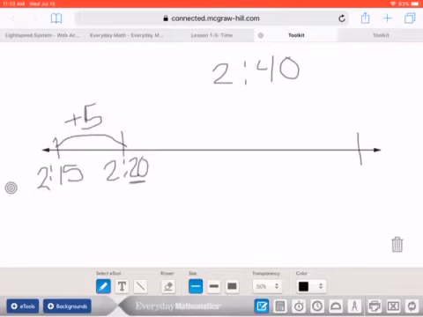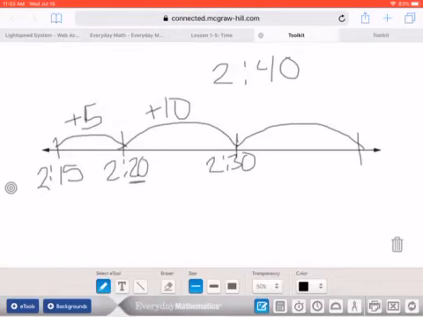So 2:20 to 2:30. And I increased by 10 that time. And 2:30 to 2:40. And that's the number I was trying to get to. So I increased by 10 again.